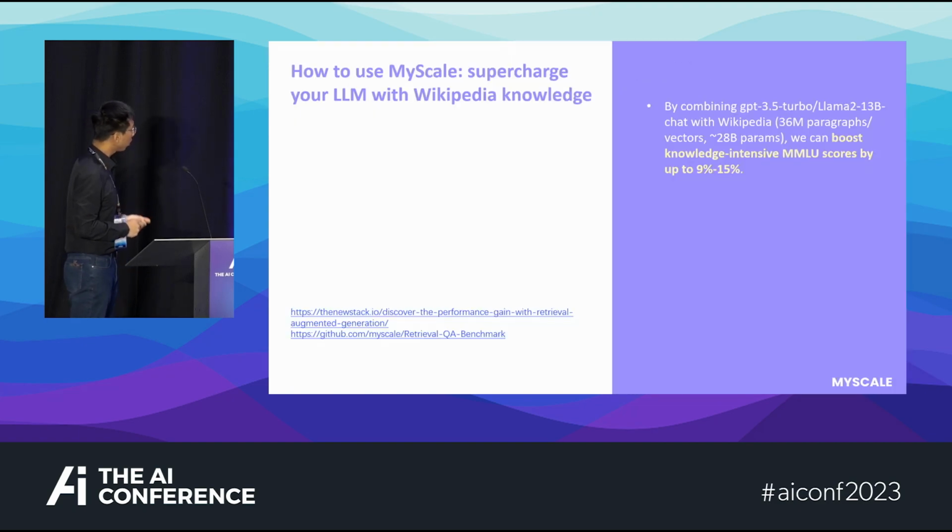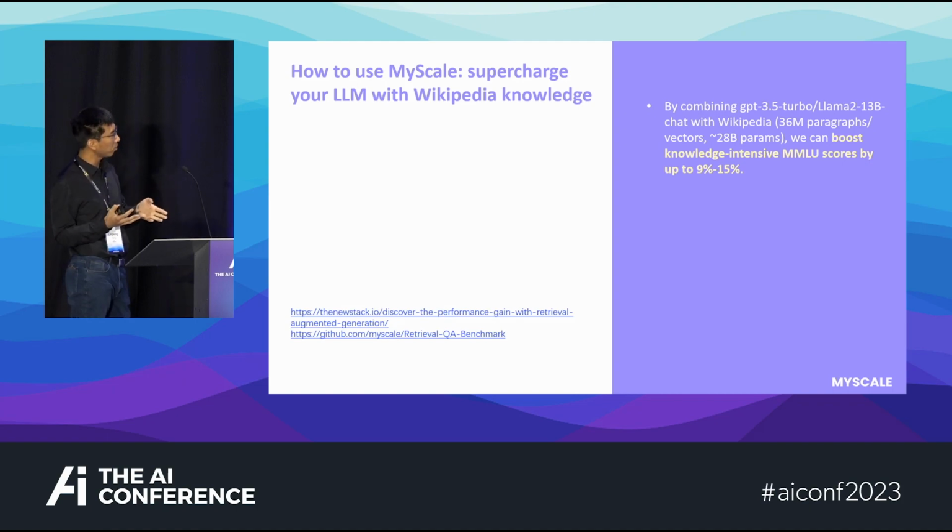The third use case is also very interesting: you can supercharge your large language model with a large knowledge base, such as Wikipedia. We have done an open source project combining GPT 3.5 or Llama 2 13B with Wikipedia, which is about 36 million paragraphs and about 28 billion parameters in the vectors.